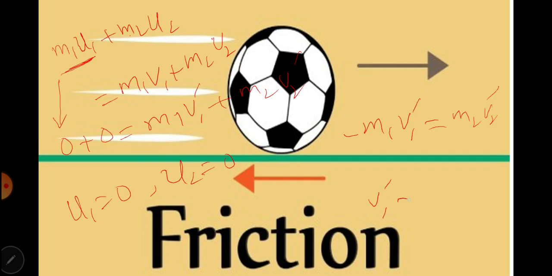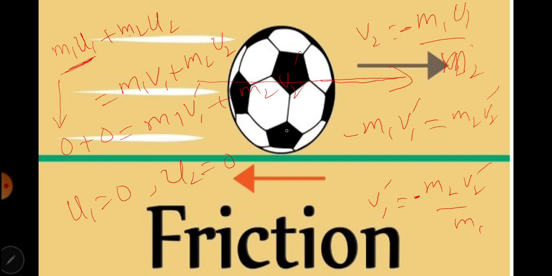So the bullet velocity v1 prime will be equal to m2 v2 prime divided by m1, but with a negative sign. The gun velocity v2 prime is equal to m1 v1 prime divided by m2, with a negative sign. Similarly, when you push the football in this direction, as a reaction it will move in the backward direction.